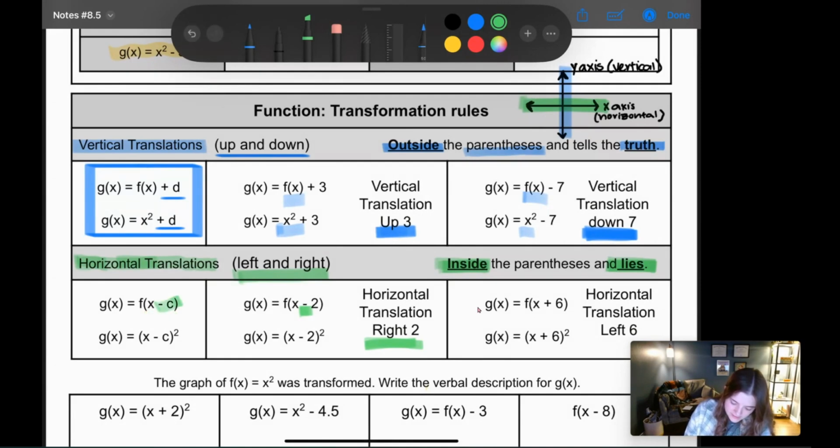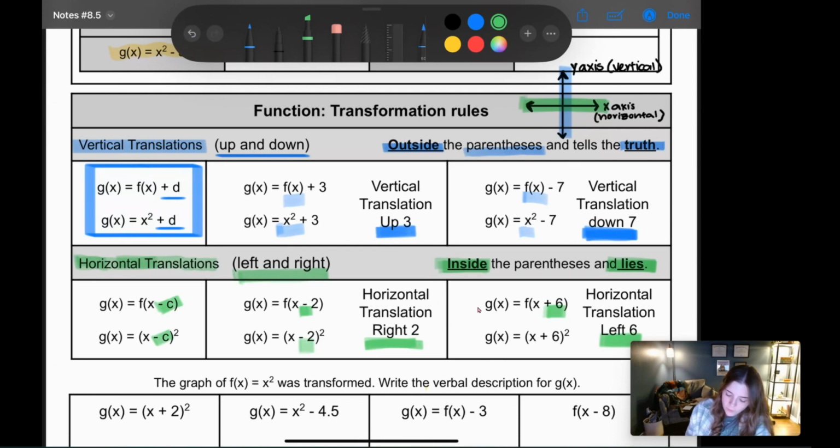So this -c, that is a horizontal translation following along the x-axis. So when it says -2, whether it's set up like this or like this, it's actually going right 2 because it lies to us. This one, if it says +6, remember it lies, what direction would I be going? Left, right? No, I'm sorry, left, correct.